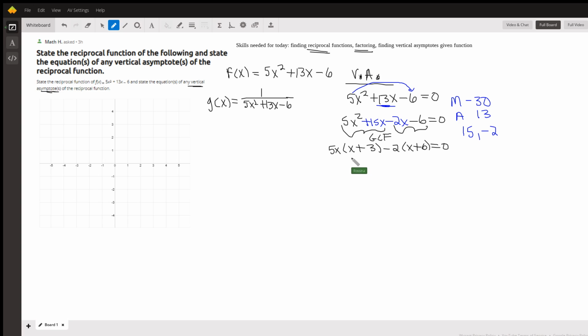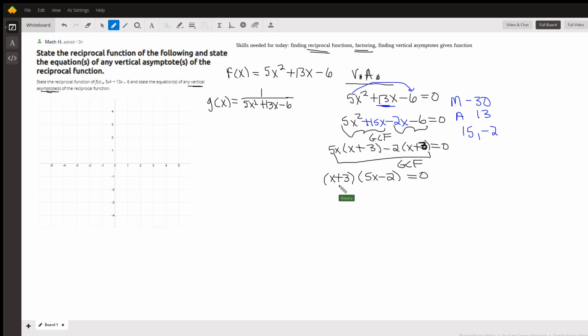And then from here, we factor out the GCF from this whole thing, which is, oh, I made a mistake. That should say x plus 3. Going too fast. Negative 2 times positive 3 is negative 6. All right. The GCF of this whole group is x plus 3. And then what remains inside is the 5x minus 2 equals 0.